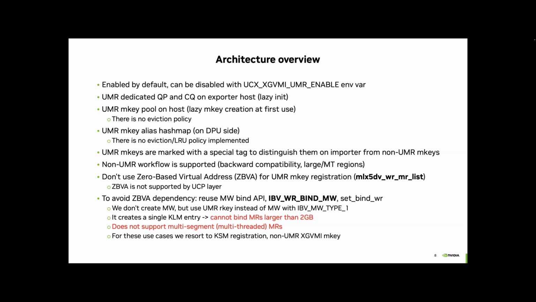Very simple structure. And again, there is no eviction policy. So potentially this can be a problem if there is a long-living service or daemon on the GPU side, and there are multiple client applications connecting to it. Then we need to keep an eye on this because all those MK aliases are stored permanently and there is no eviction.